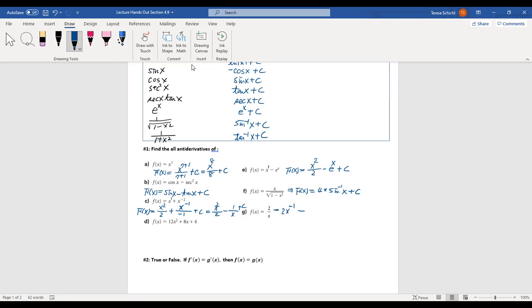But I can say the antiderivative of 1 over x is the natural log of x, right? So my capital F of x is here. This is a constant, still here. Then the x to the negative 1 gives natural log x plus c.